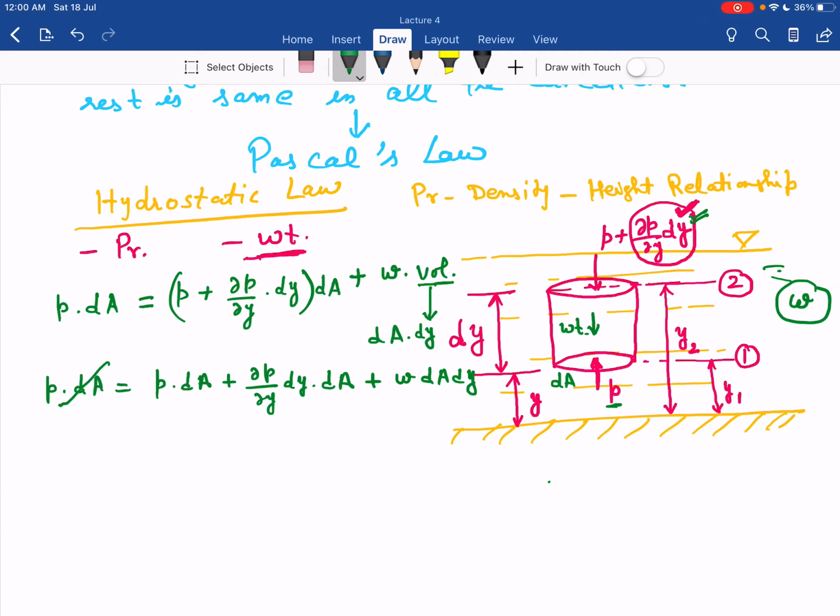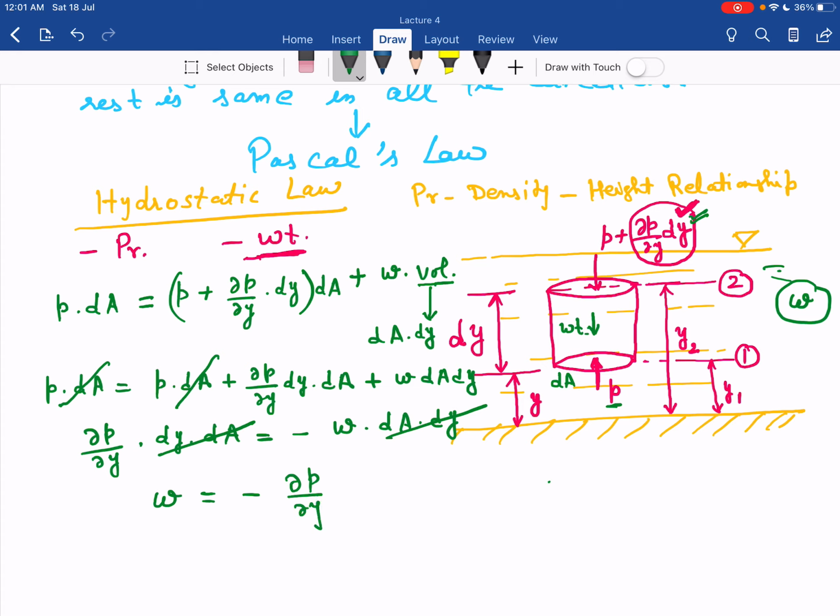Now this P dA cancels with this. So we are left with ∂P/∂y into dy into dA equal to minus W dA into dy, or we can write it as, now dA dy cancels out, so W is equal to minus ∂P/∂y.